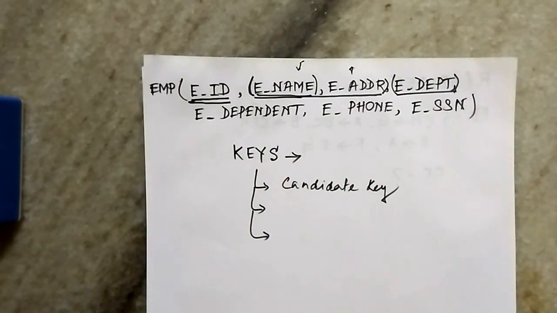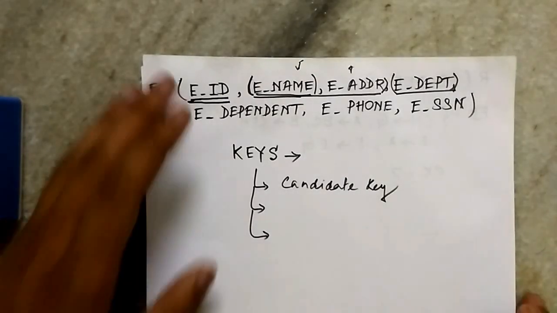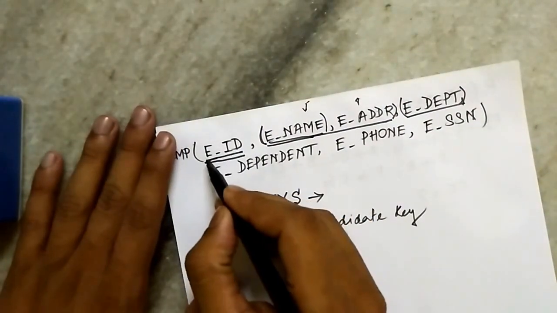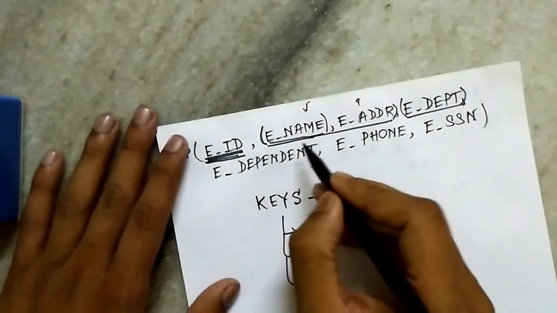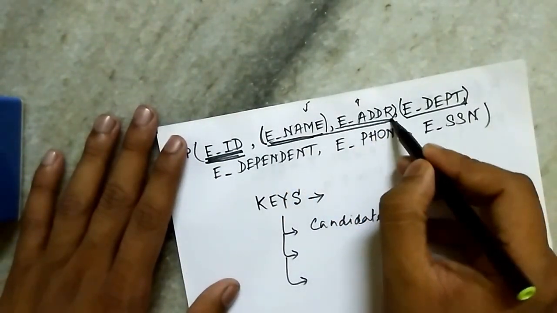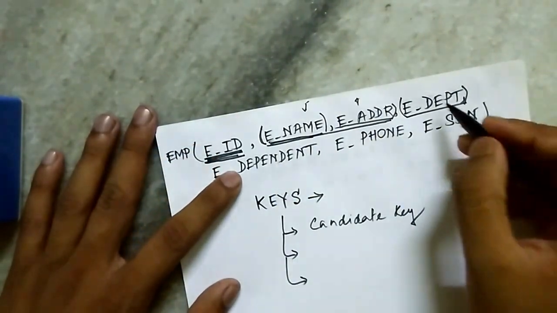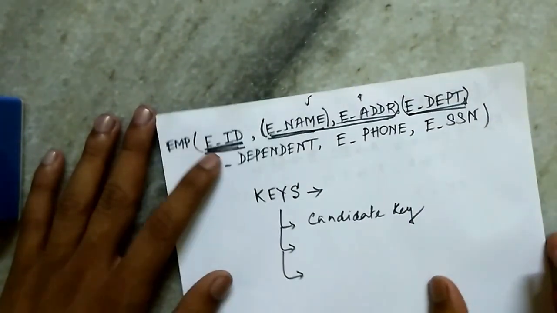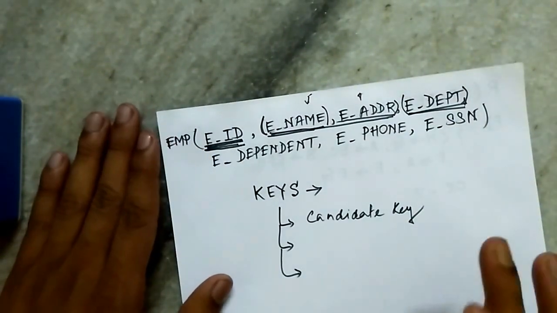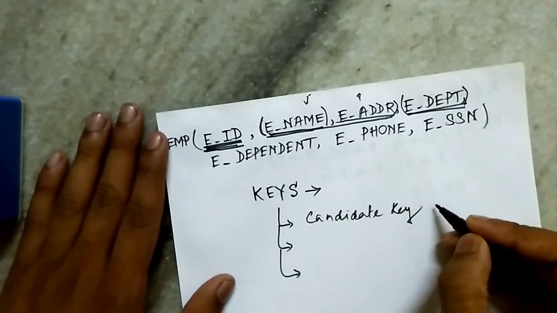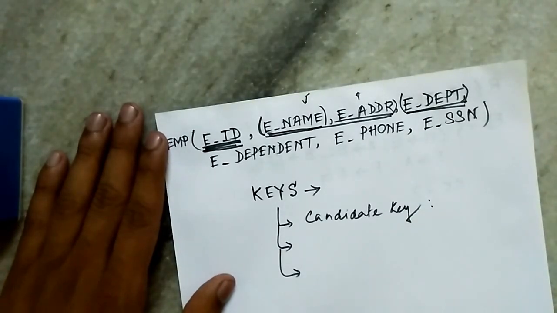As of now, you see that for a given table there can be more than one candidate key. In this example, we have considered that employee ID is a candidate key, employee name with employee address can be a candidate key, and employee name and employee department can also act as a candidate key. So these are the definitions of candidate key.